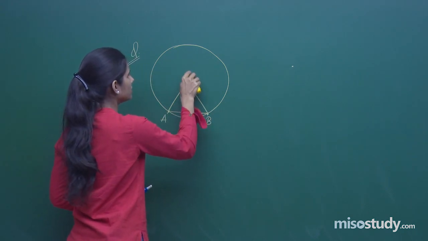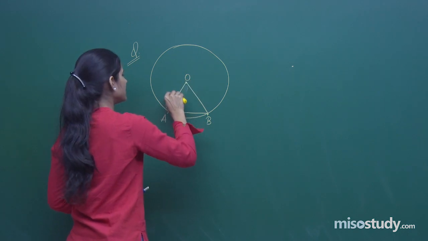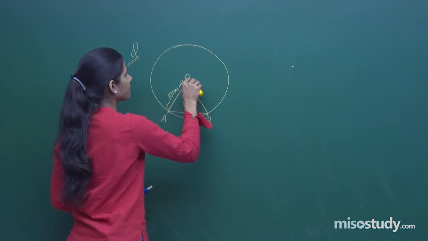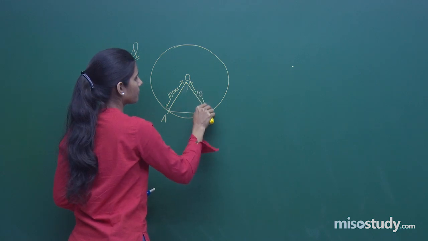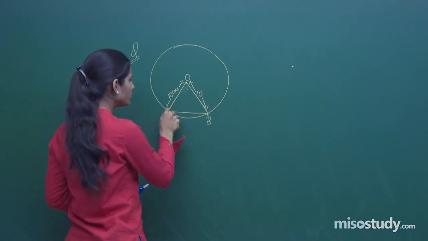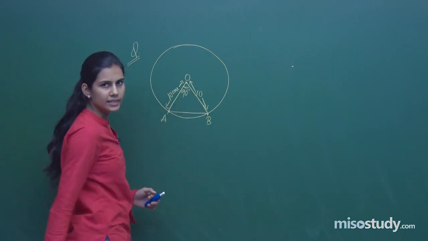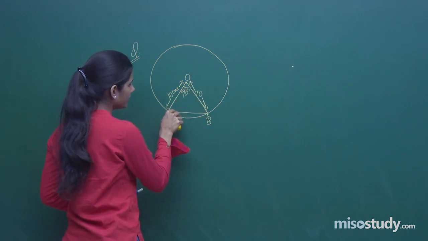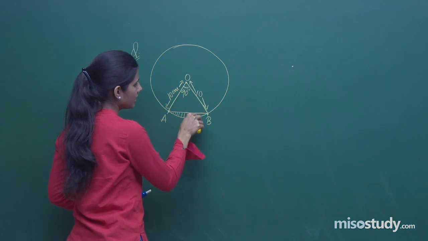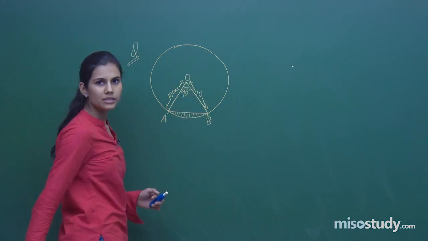So this is the center. If the radius is 10 centimeters and the angle which this chord is subtending at the center of the circle is 90 degrees, find the area of the minor segment and the area of the major segment.